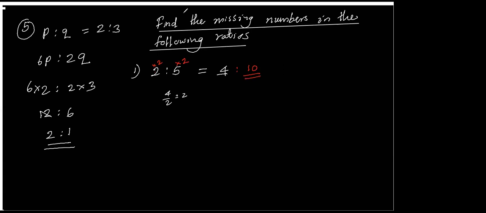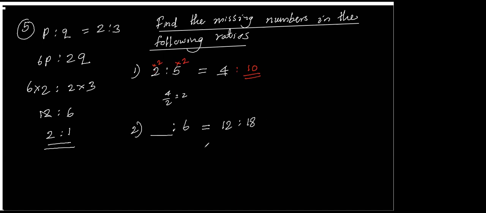Second one. 6 equals 12 to 18. Here this is 6, right? So what do you have to do? You can see to get this 18, to get this 6, from which number have they divided this 18?